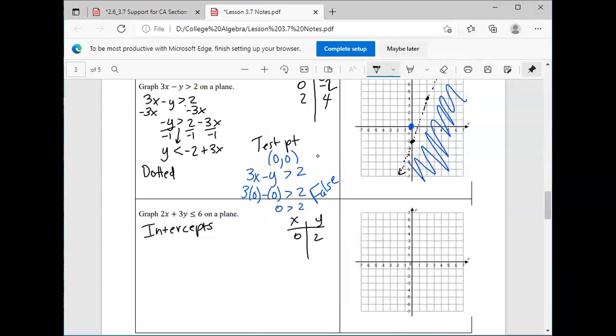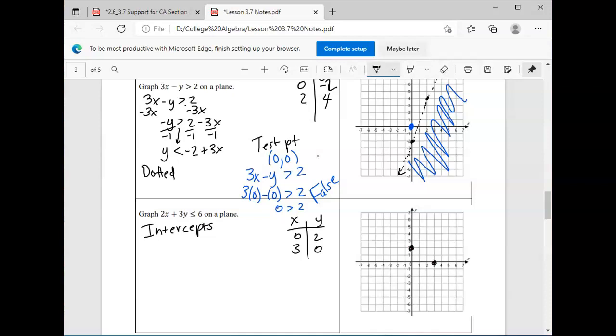If I let y equal 0, then this would be gone because 3 times 0 is 0. So that means that x would have to be 6 divided by 2, which is 3. So that's how I solved that one, because it was way easier than having to solve it for y and do all that other stuff. If you still want to solve that for y, go. We've got lots of examples of that. That's fine to do. So 0, 2, and 3, 0.